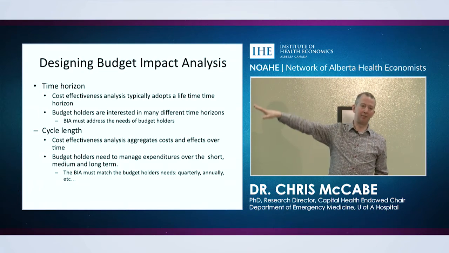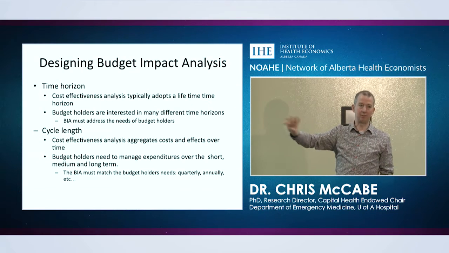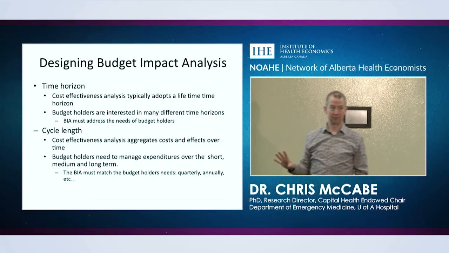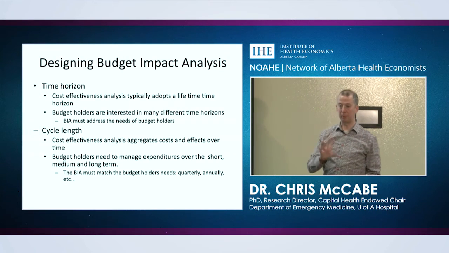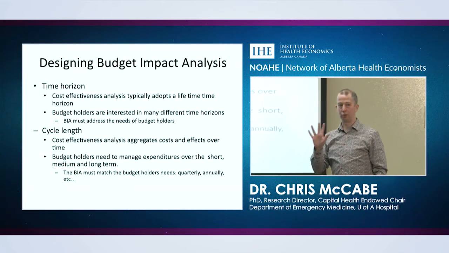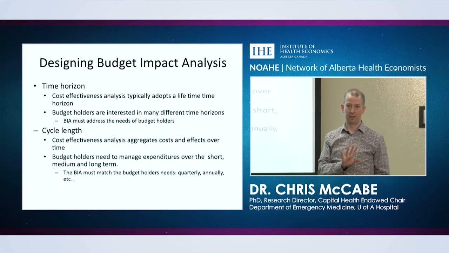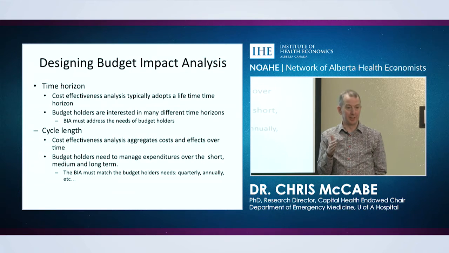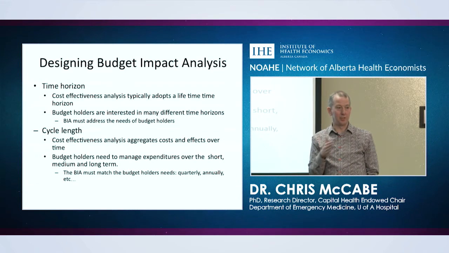Some of them are so far into the future that actually there isn't a budget holder who cares about them, to be honest. I don't think the people who hold the budgets for treating cirrhotic patients are really worrying about their budget in 10 years' time when we should start to see a change in the flow.